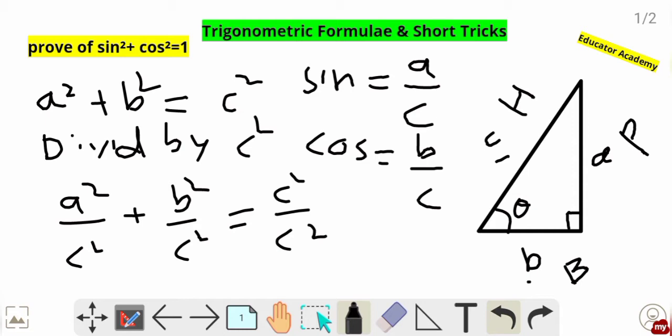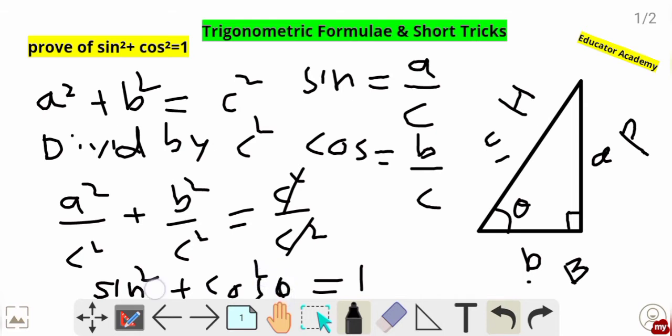The c square cancels and is equal to 1, while a over c becomes sine, so a square over c square is sine square, and b square over c square is cos square. So this is proved. So guys, this is our proof.